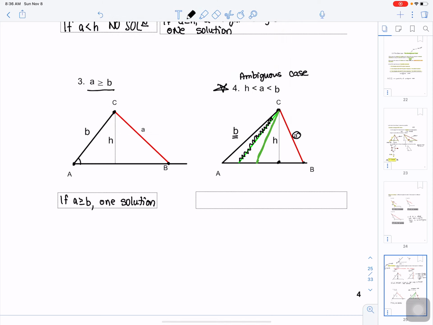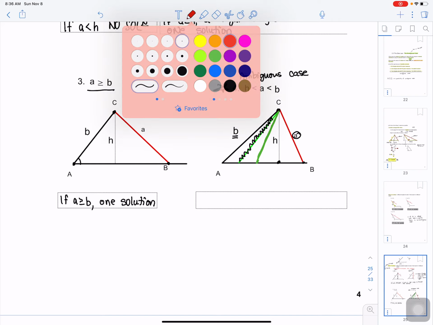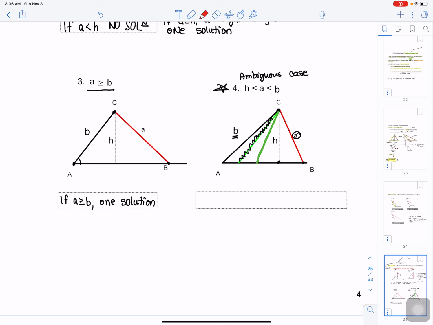So there's my situation. This A could be the red A, which is greater than the height but smaller than the other side. Or this side A could be over here and I'm forming a triangle. This is A, and this is my side A forming my triangle.